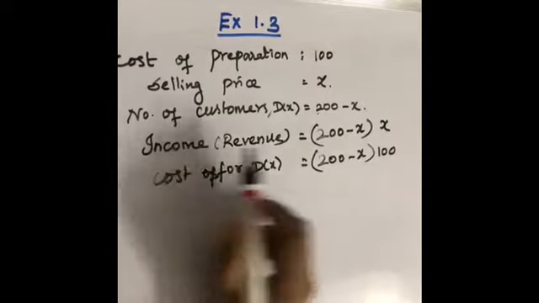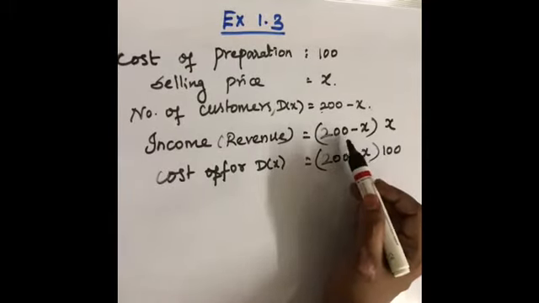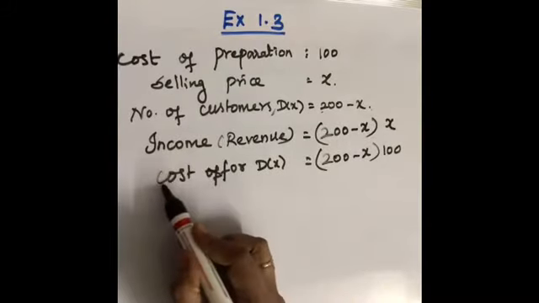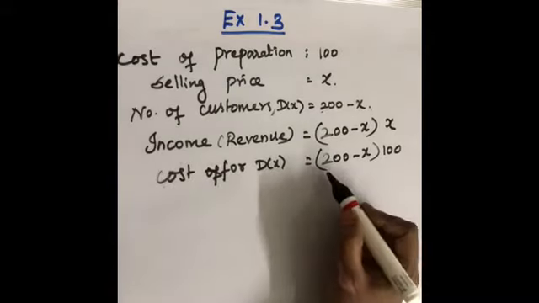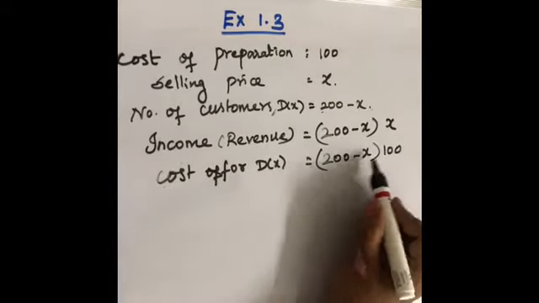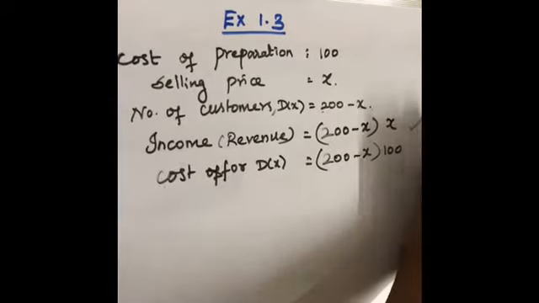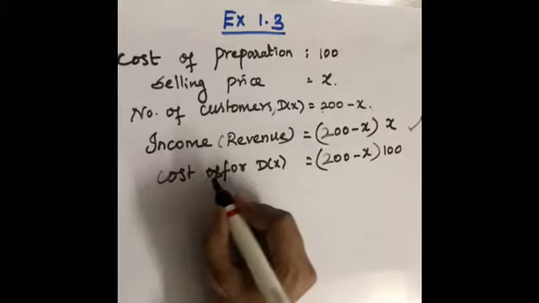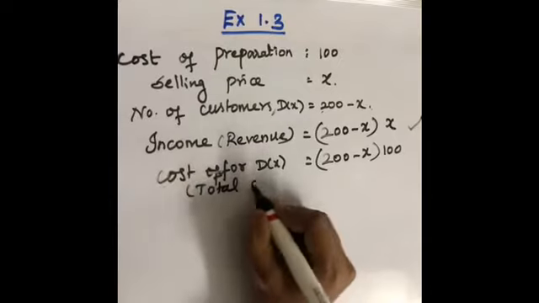The income is 200 minus x into x. 200 minus x cost. So, x ஓட multiply பண்ணா income கிடைக்கும். But he spent, எவ்வளவு make பண்ணுறதுக்கு spend பண்ணியிருக்காரு அப்படின்னு சொன்னா 200 minus x into 100. So, now we have found revenue and the cost. Revenue and the total cost. This is the total cost.